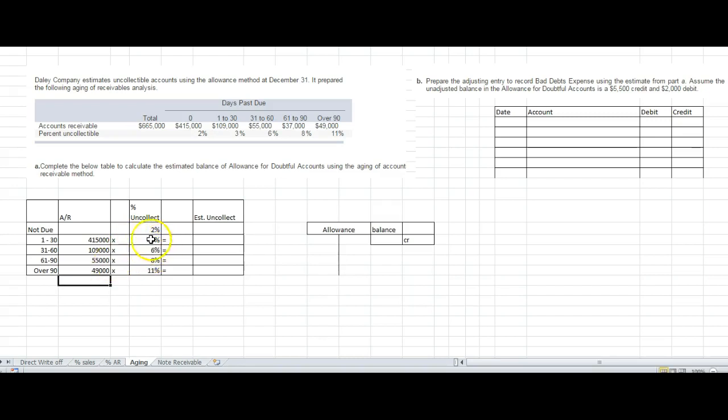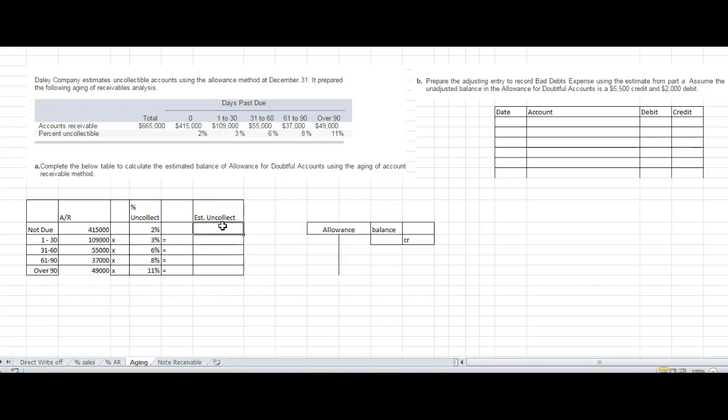And you'll just multiply them by these percents. Let's go up here. So I've got 415, 109, 55. This one should be 37. And this one should be 49. So let's double check. 415, 109, 55, 37, and 49.